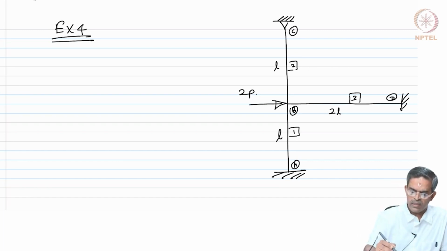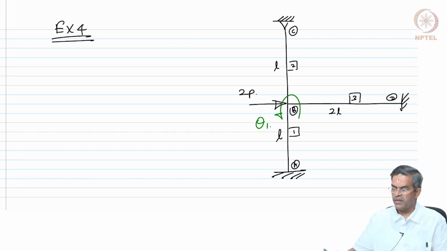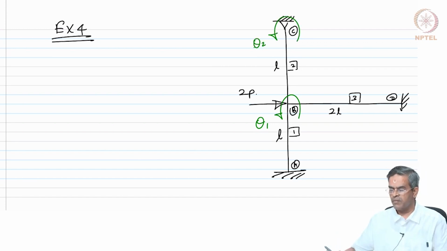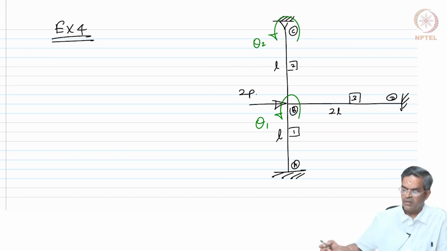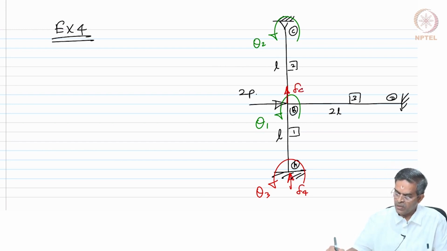Let us now mark the unrestrained degrees of freedom. I get rotation here theta 1, I am marking them in green, and rotation here theta 2. These are my two unrestrained degrees of freedom. Let us mark the restrained degrees of freedom: theta 3, del 4. If I neglect axial deformation, I have del 4 here and del 4 here also.